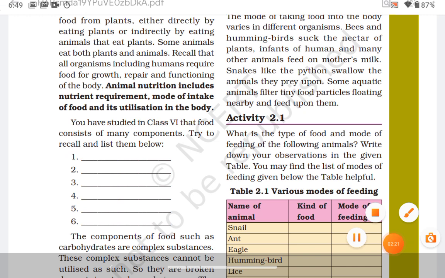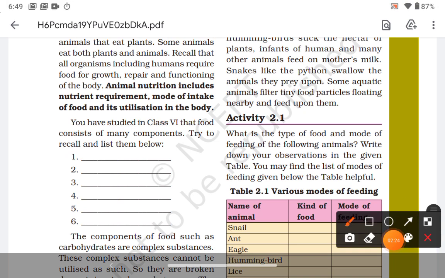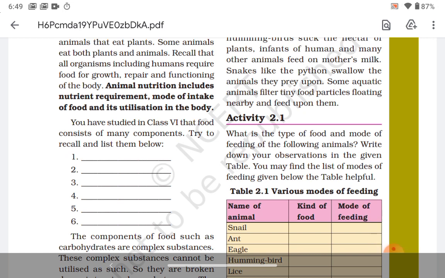First you can write carbohydrates, fats, the energy giving food, proteins, the bodybuilding food, vitamins and minerals. They're useful for the immune system. And the sixth one, you can write anything. You can write iodine, phosphorus, phosphate.